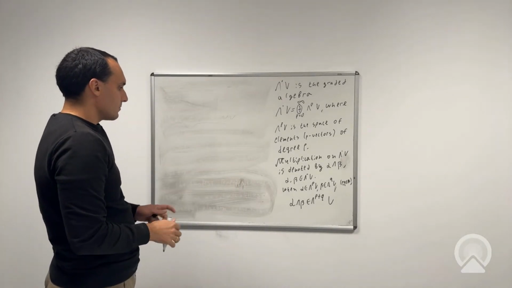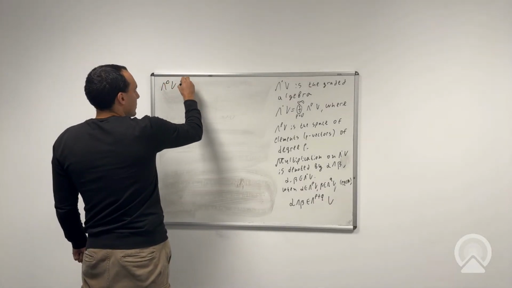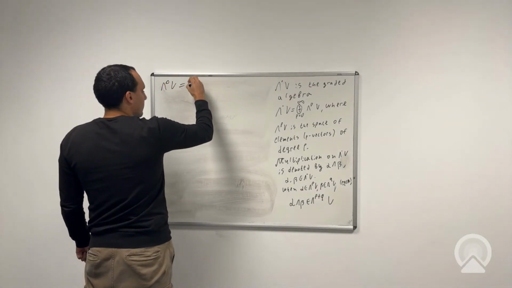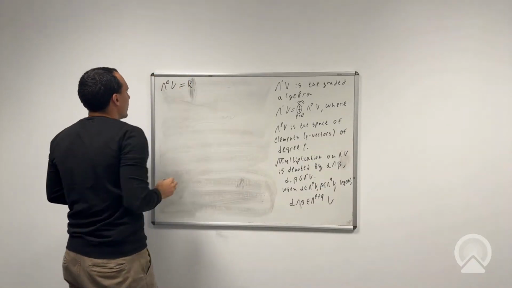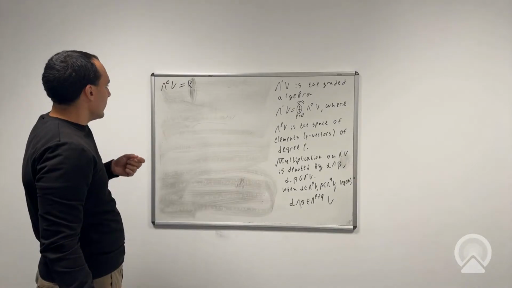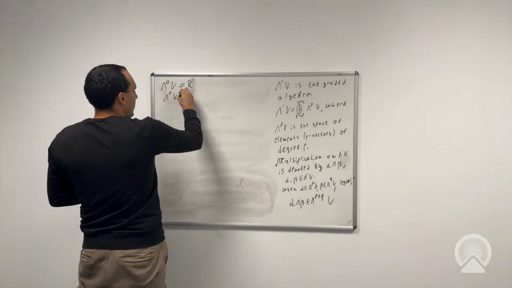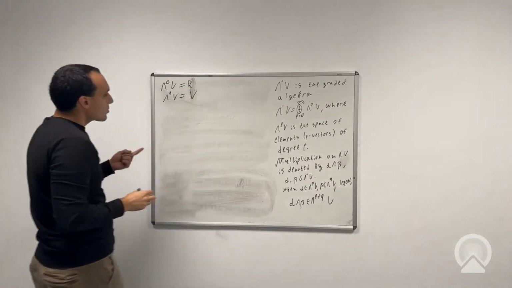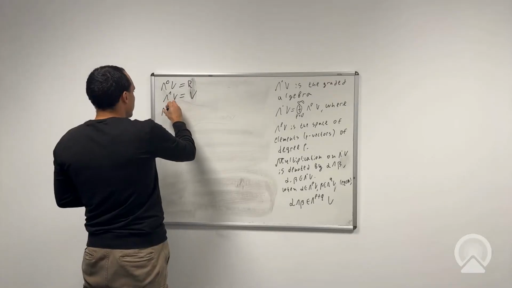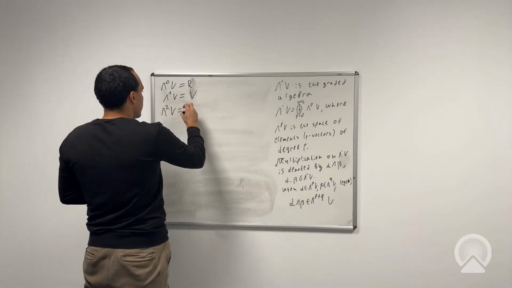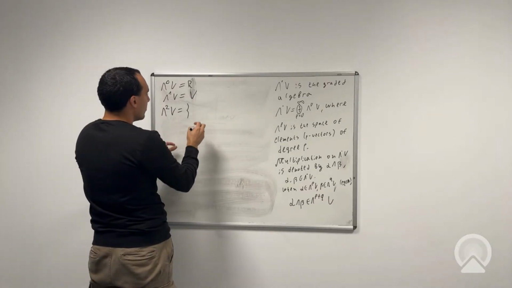So let's give the lowest degrees. So lambda^0 V is R, the original ring R. It's spanned by the identity unit element. Lambda^1 of V is one-vectors which are just vectors. And lambda^2 V is the space of linear combinations of monomials of degree 2.